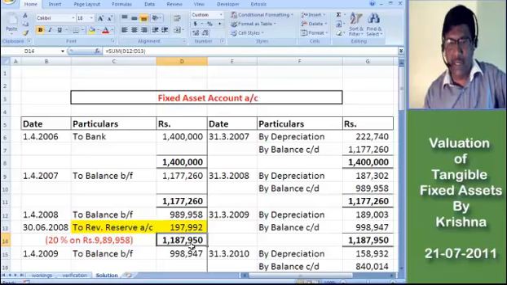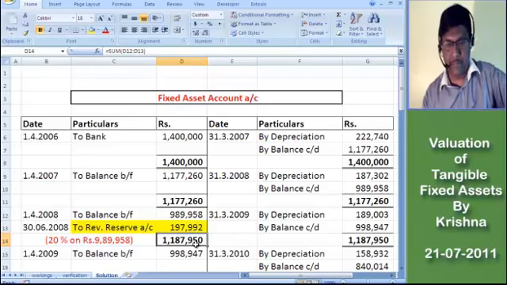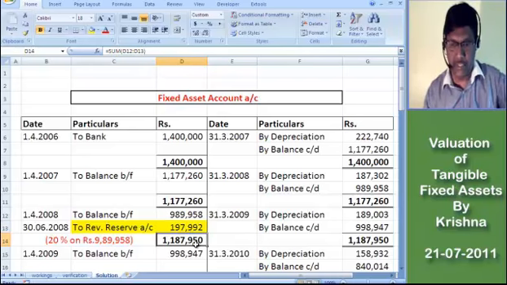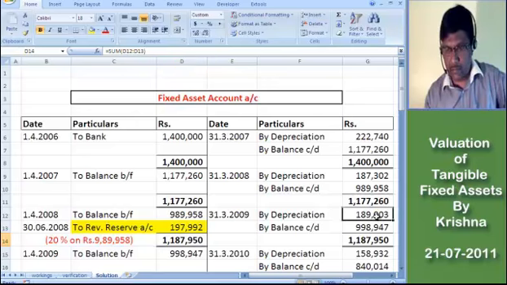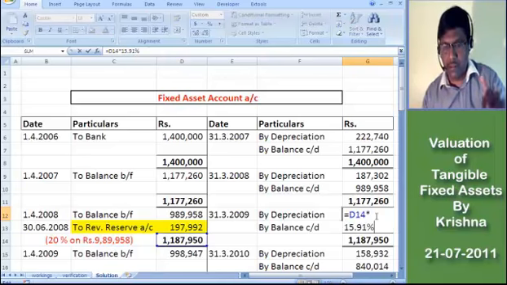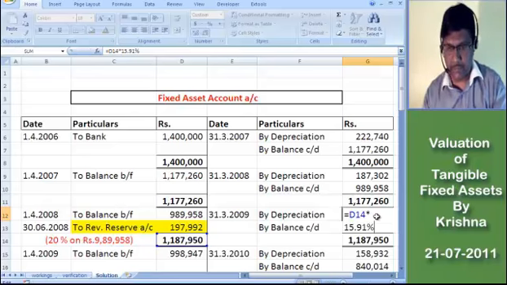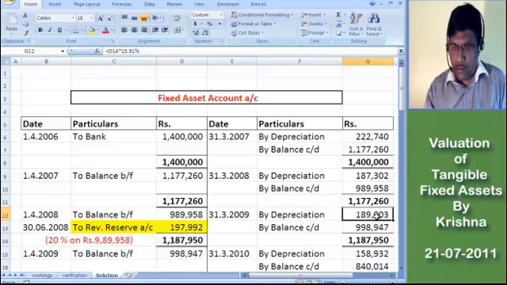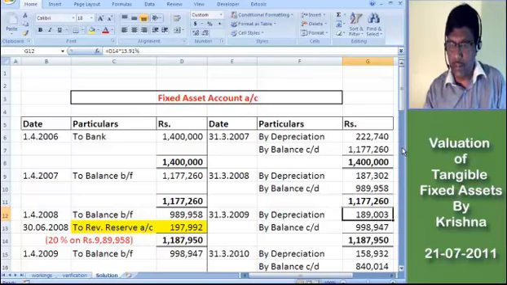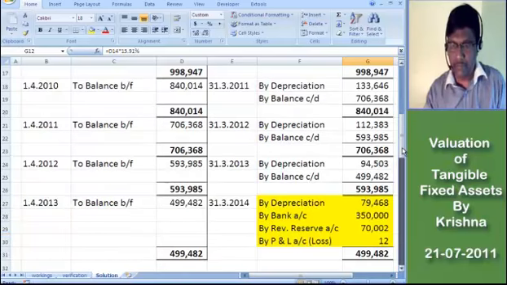For this total 11,87,950, we have to find the depreciation. See, inclusive of the revaluation reserve account, you have to find the depreciation. So at the same time, during this third year, we have to open the revaluation reserve account, that we will see.